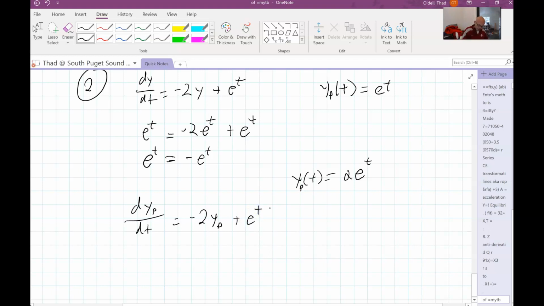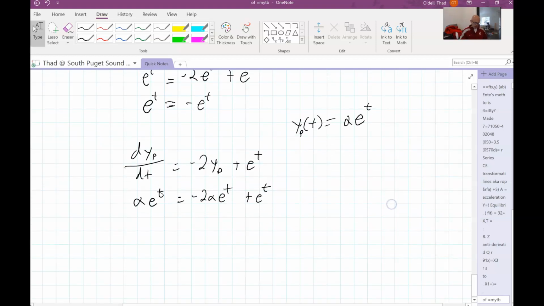Of course the derivative of that is still just alpha e to the t, and this is going to be negative 2 alpha e to the t plus e to the t. So now we actually have what I call wiggle room, because we can adjust the alpha so that this actually works.